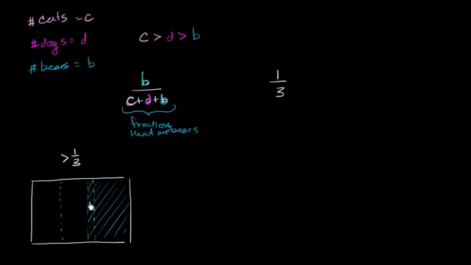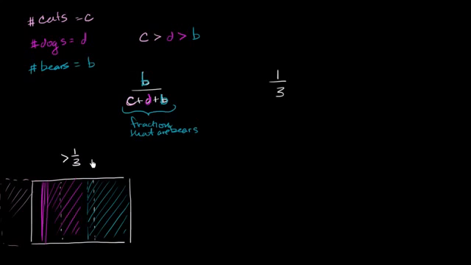And the fraction that are cats has to be even greater than that. And you see, you can't have 3 things that are all greater than 1/3 adding up to a whole. So this scenario breaks down.